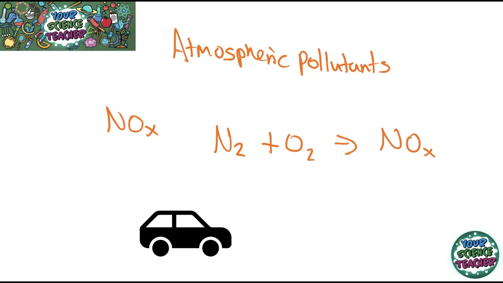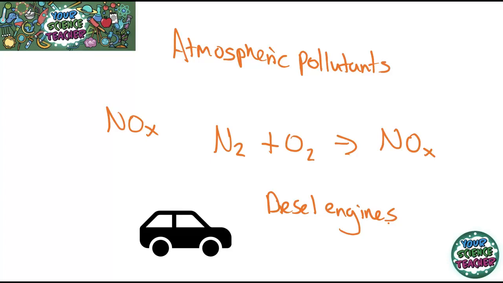I've just put an X there because the amount of oxygen in the compound can vary. An example of one place where this happens a lot is inside diesel engines. This is one of the reasons why diesel is kind of being faded out, is because of the fact that they do put a lot of nitrogen oxides into the environment.